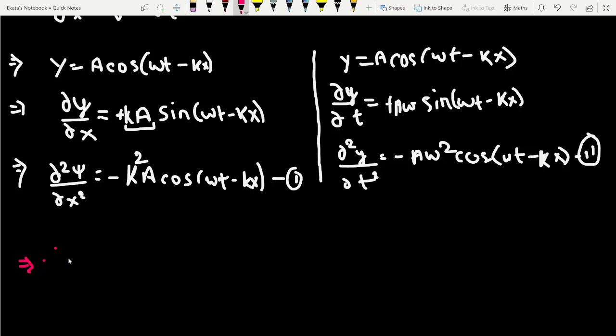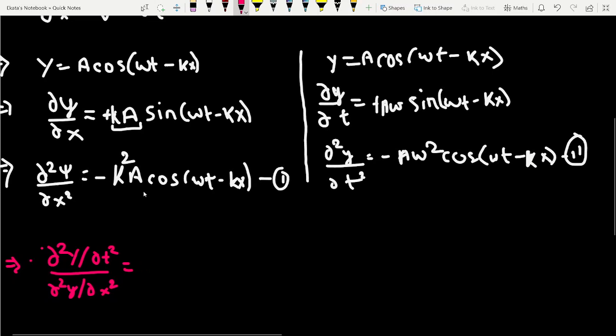I am trying to say that we divide del 2y by del t2, and divide by del 2y by del x2. If you see, the terms a cos(omega t minus kx) and a cos(omega t minus kx) are equal, and they will cancel each other out.